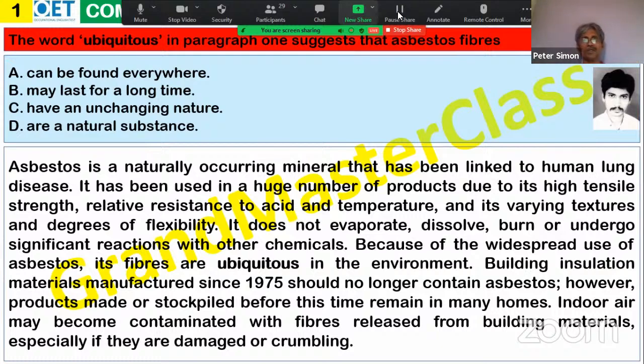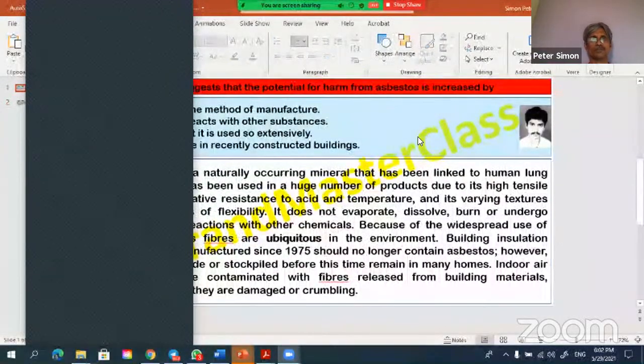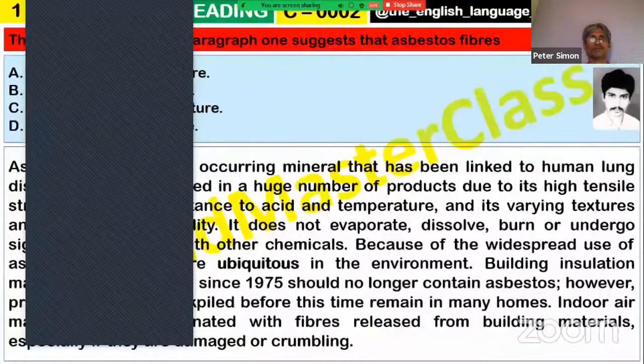Okay. So 18 students have given the answer. Okay. Now I am coming here again. Resume screen. Then chat box. Thunderbolt 0002. Okay.